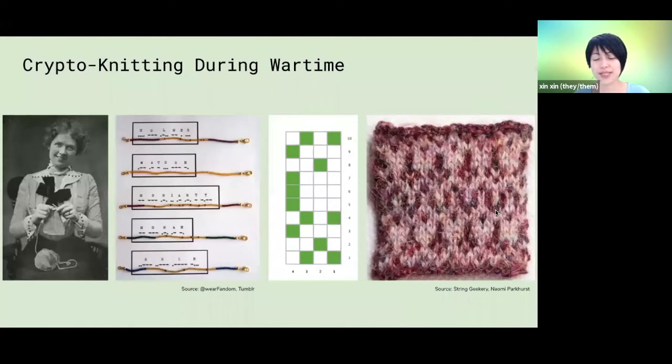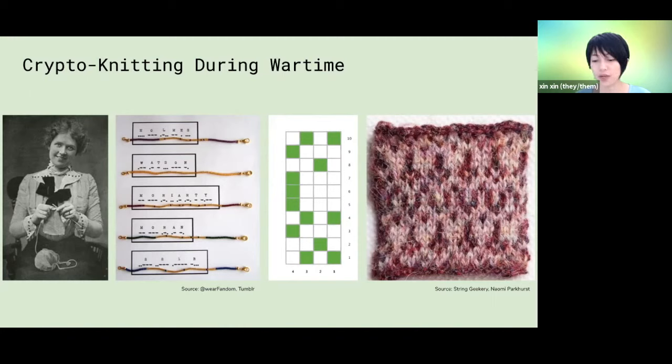And tracing even further backward, we can find a lot of examples of a practice that involves embedding messages, and in this case specifically secret messages, inside of textile during wartime.